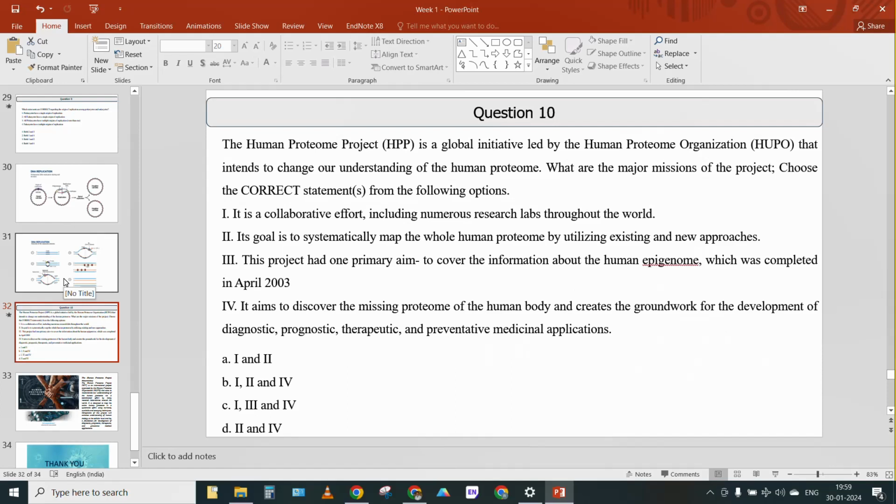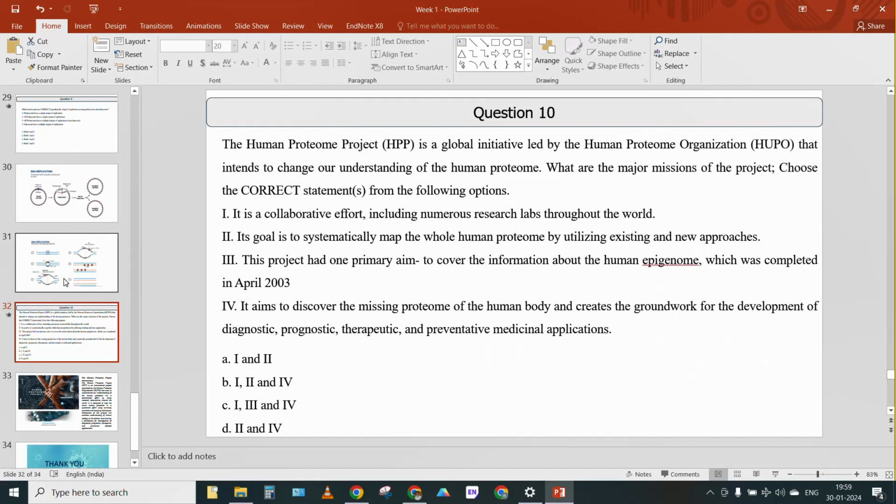And statement 4 is related to the proteome, and proteomes have various therapeutic, diagnostic, and preventive measures which are being used in modern medicine. Exactly. Correct.